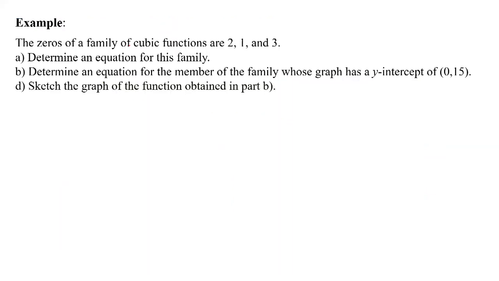The zeros of a family of cubic functions are 2, 1, 3. Determine an equation for this family, and then determine an equation for the member of the family whose graph has a y-intercept of 15. Sketch the graph of the function obtained in part B. So how do we approach this problem? First, we can start with their zeros.